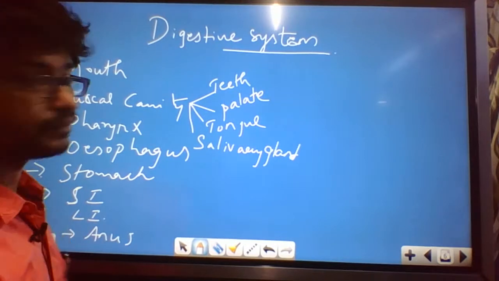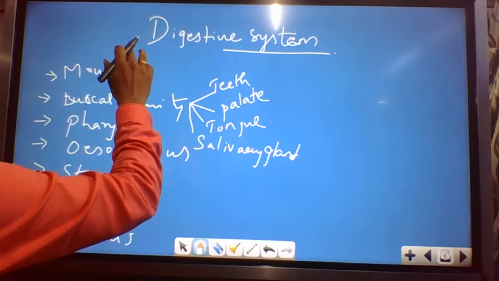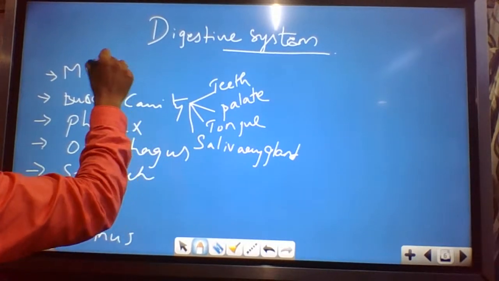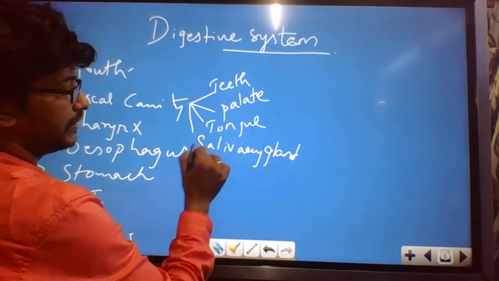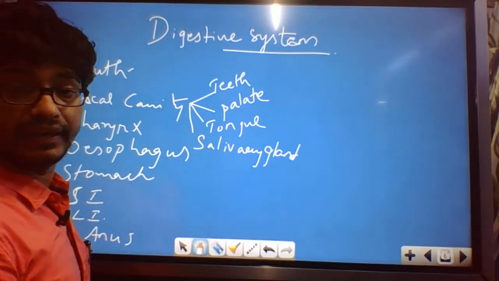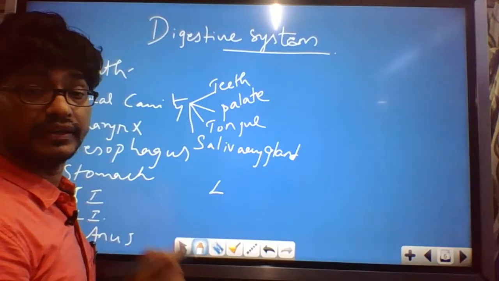Right? Okay. So the human buccal cavity. First we'll start with the first part, that is what we call the mouth. I told you something about the salivary gland. Apart from the salivary gland we are also going to discuss two other glands. What are the other two glands? Can anyone tell me?